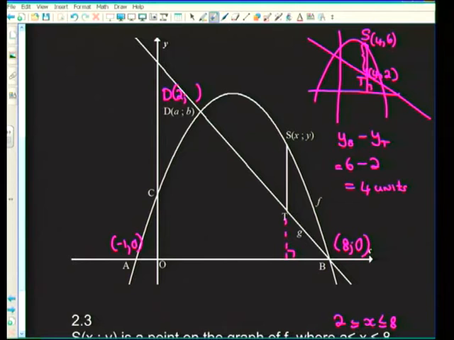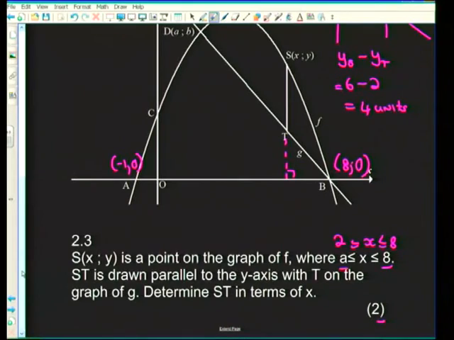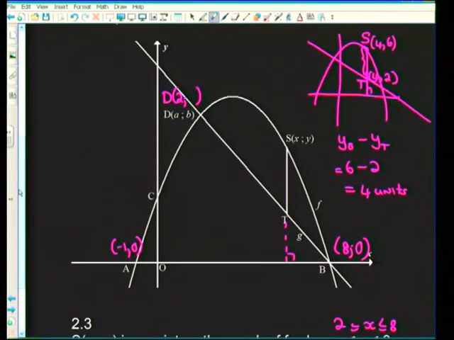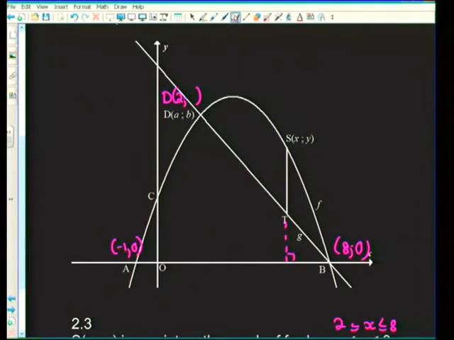Now, obviously, we don't have the actual points, but we have an abstraction of it. So what's different is nothing really. We're just going to work in x's instead of in numbers. So I know that any point on this parabola, and this is well worth knowing, let me just get rid of this to give us a little bit more space.